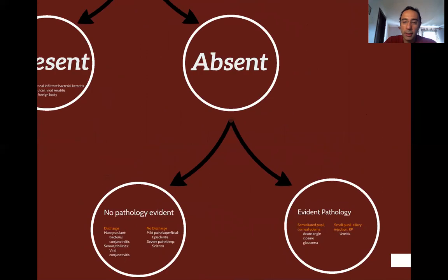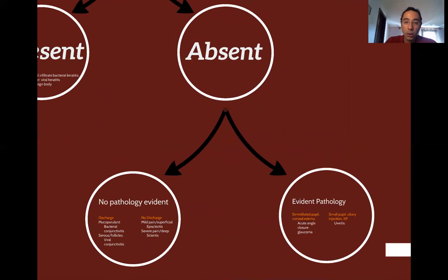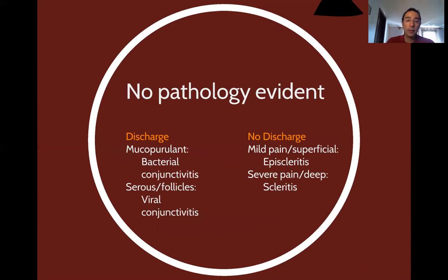If the corneal staining is absent, I would look at the additional pathology on the eye. If there are no pathologies in the cornea, in the iris, in the anterior chamber, and there is no staining, so the cornea is clear, then I'll just look at the discharge. If there is purulent discharge, it means bacterial conjunctivitis.